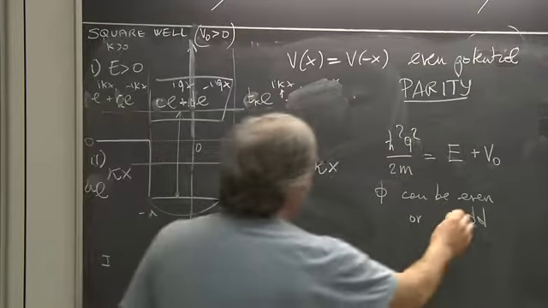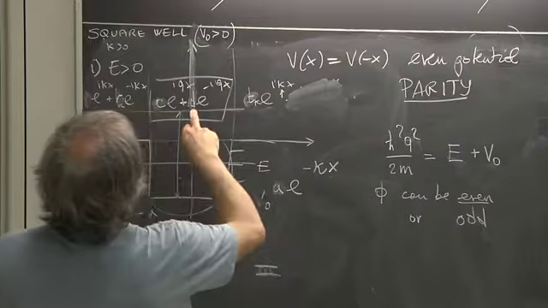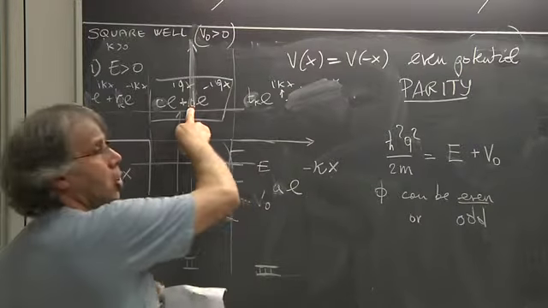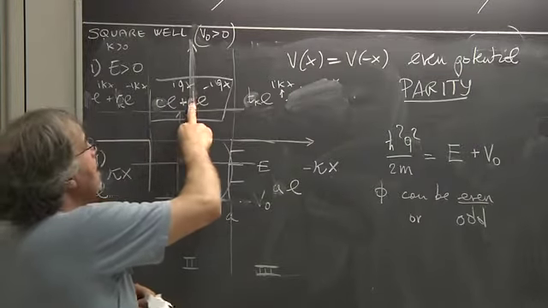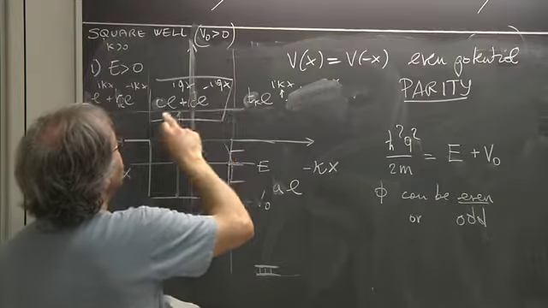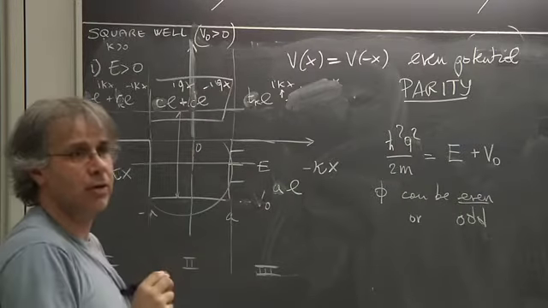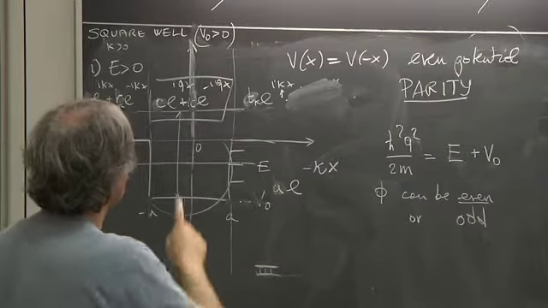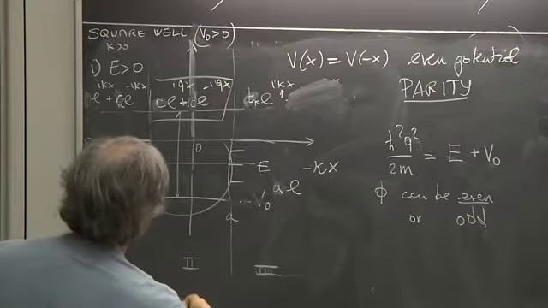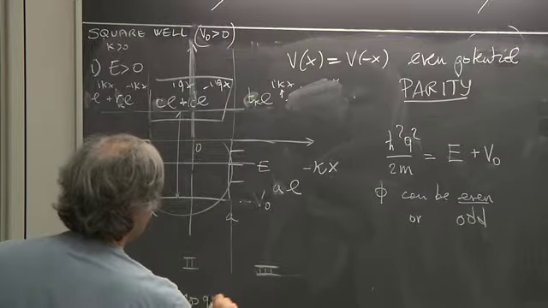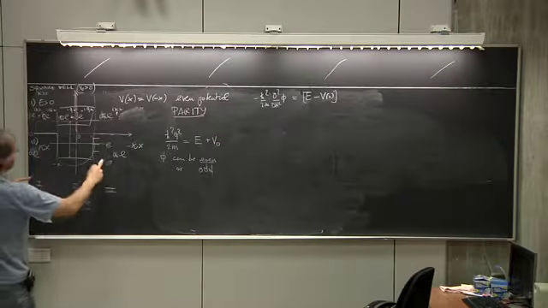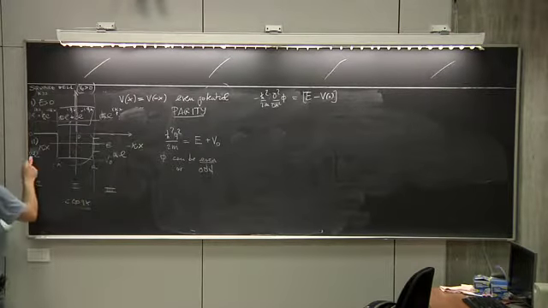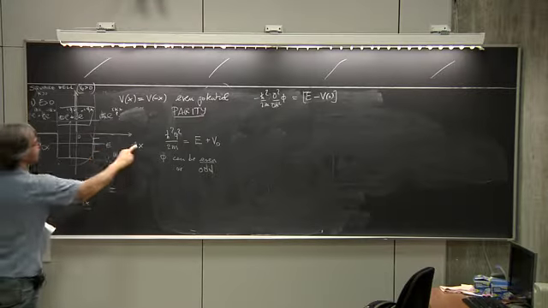If the solution is even, then C and D also must be the same, in such a way that this becomes a cosine of qx. So in the middle I have c times the cosine of qx, which is obviously even, and on the right, I have a e to the minus kx.